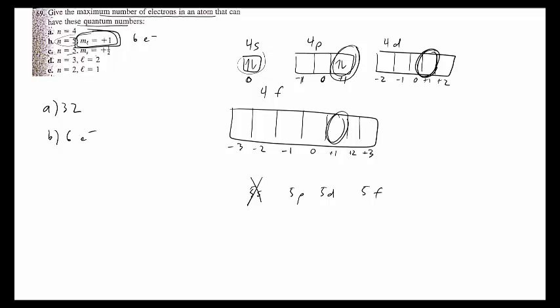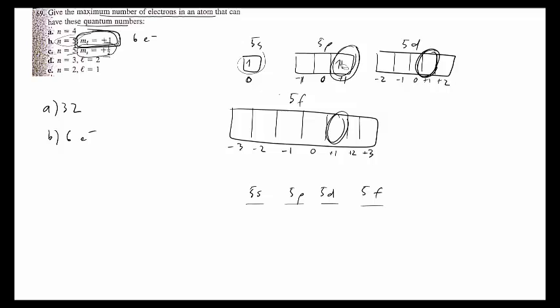Where n equals 5 and this is a plus 1. So they're not discriminating what orientation. So you could have a 5s, 5p, 5d, or 5f, and all they gave you was the spin. So that's a clockwise spin. So let's say these are 5s. So a clockwise spin in any 5.